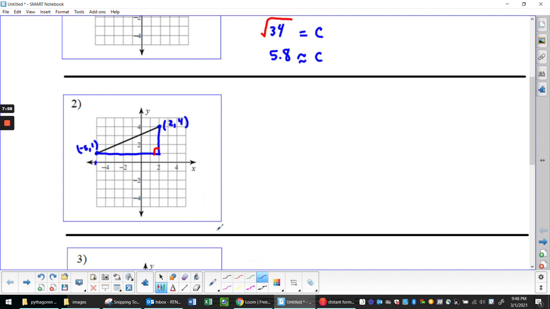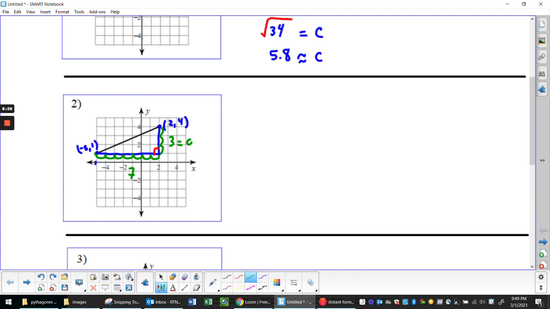And from this point to this point I can count 1, 2, 3, 4, 5, 6, 7. So there's 5 here, and 2 more, that's 7, right? And the vertical distance is 1, 2, and 3.